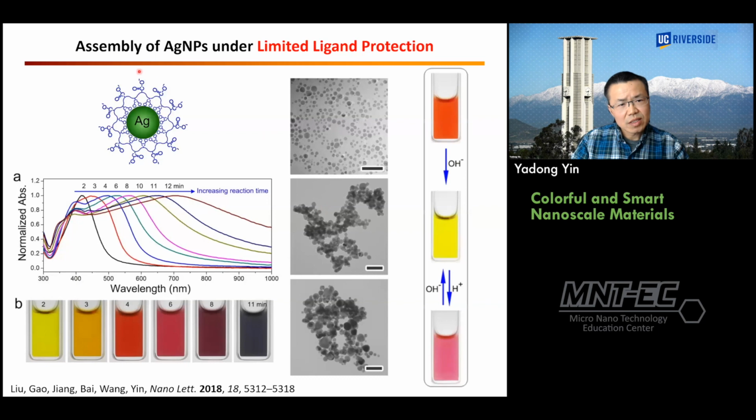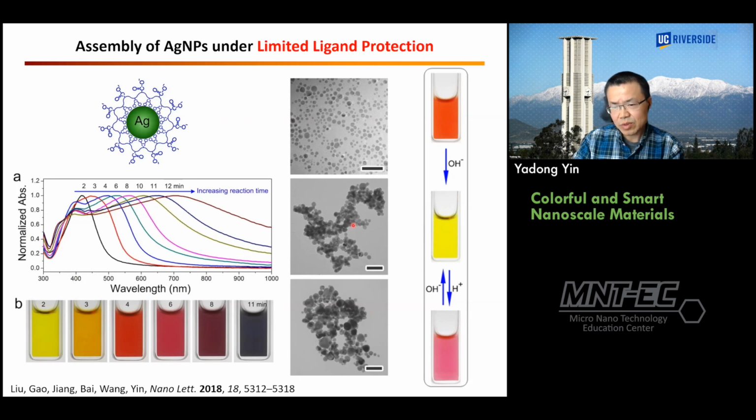Because the surface is covered with polyacrylic acid, we can control the deprotonation of this acid, for example, by adding hydroxide into the solution, and then the particle surface becomes highly charged, and they have strong repulsion force between the particles.